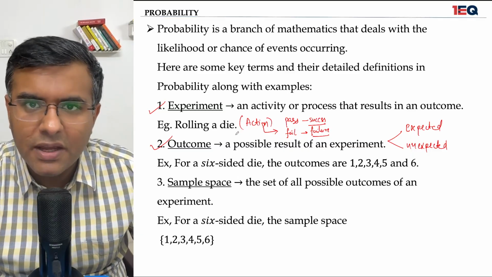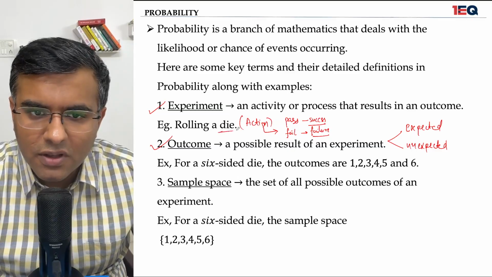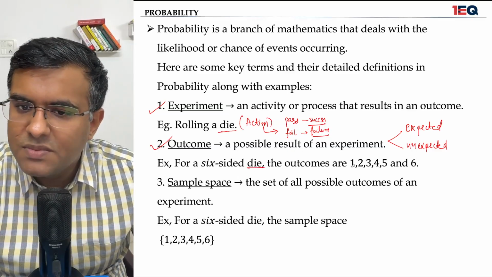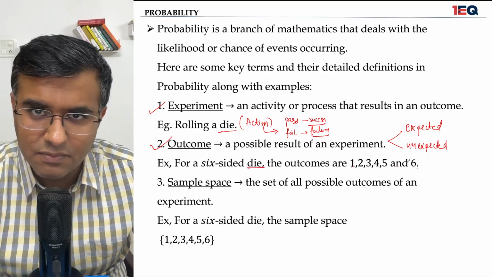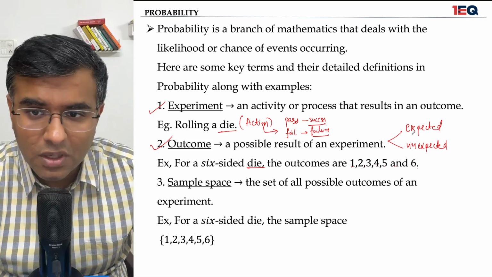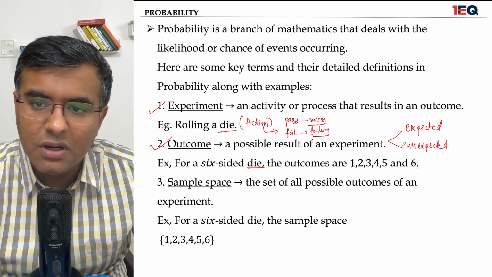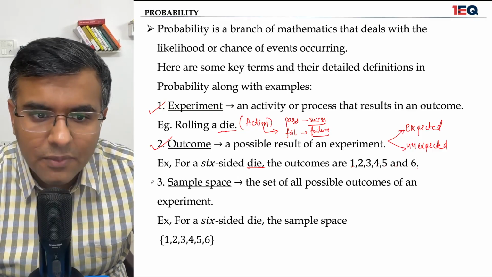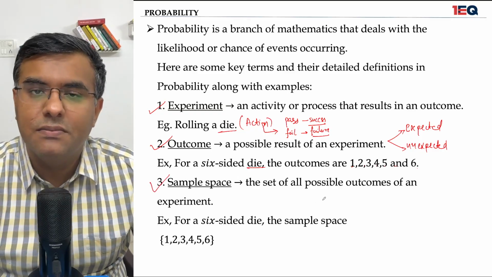For that particular die, the outcomes are 1, 2, 3, 4, 5, and 6. You have not yet selected what your favorable outcome is, but whatever is expected and whatever is unexpected would come out in the outcome.